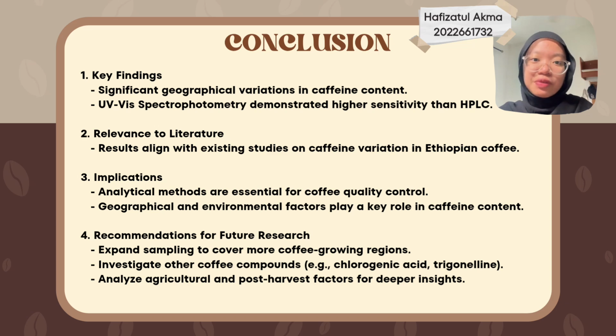This result aligns with the existing literature on caffeine variation in coffee, emphasizing the role of environmental and genetic factors. Further research incorporating broader sampling and analysis of other coffee compounds is recommended to deepen our understanding of the Ethiopian coffee biochemical profile.